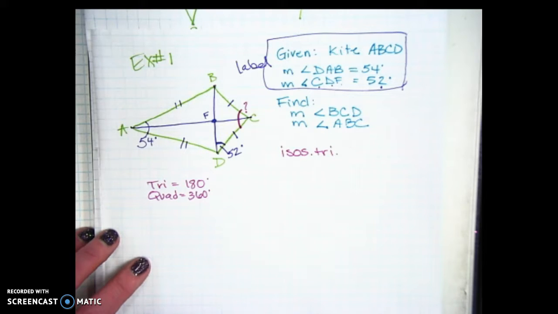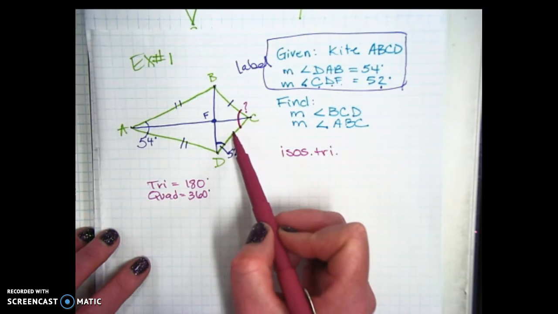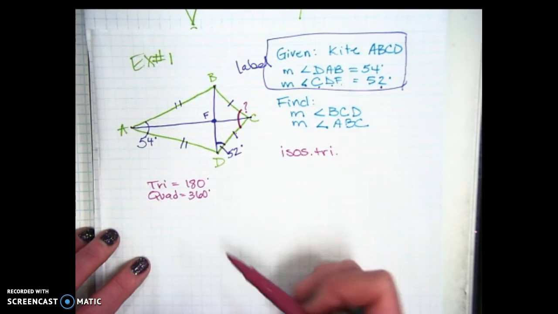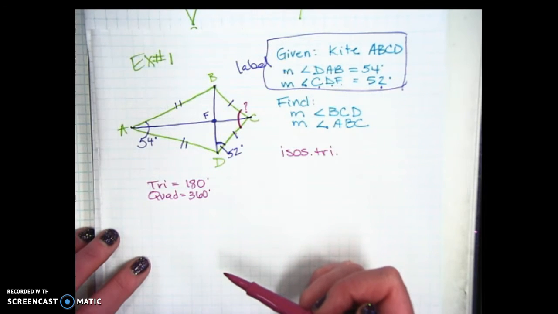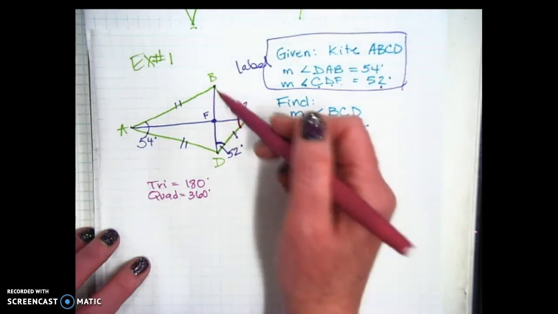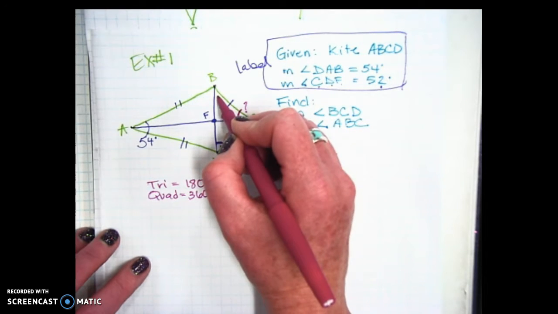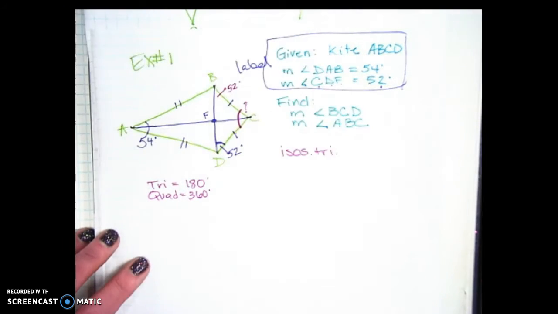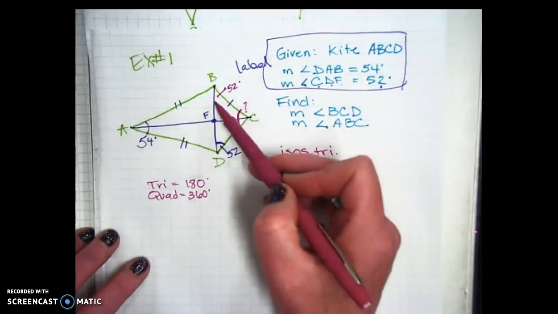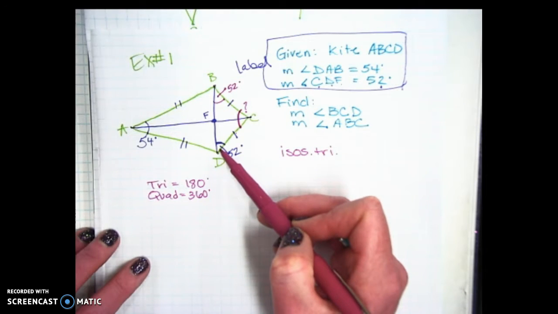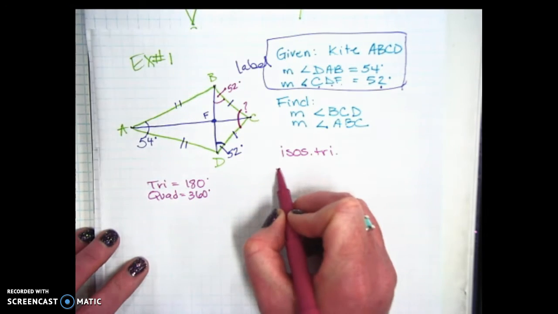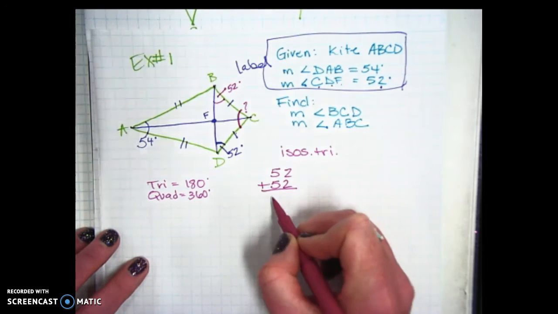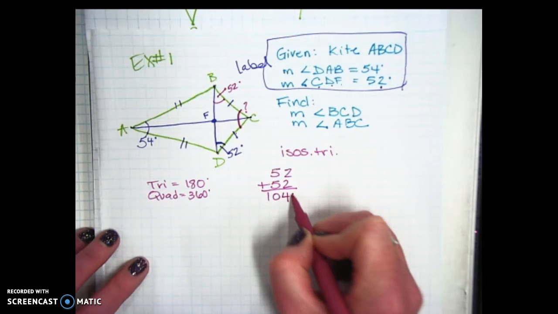Okay. On an isosceles triangle, if these two sides are congruent, then the two base angles are what? Congruent as well. The angles opposite them are congruent. So if this one's 52, what's this angle over here? 52. Okay. So on this triangle, we've got 2 of the 3 angles. So we're going to add the 52 plus the 52, which gets us 104 degrees.